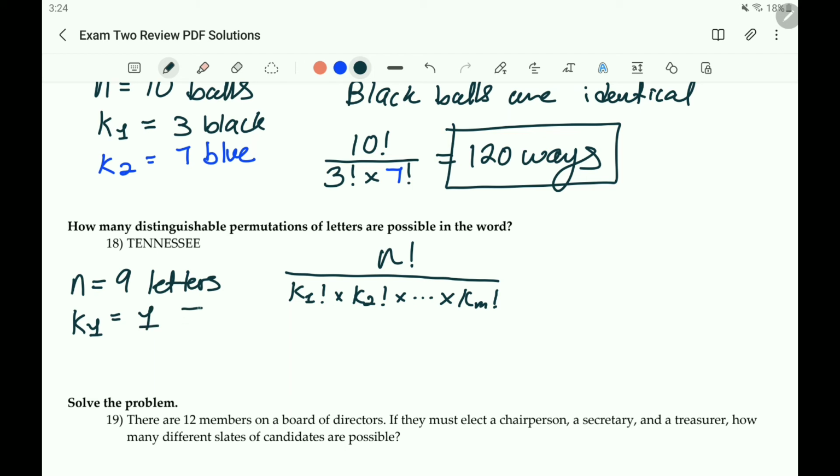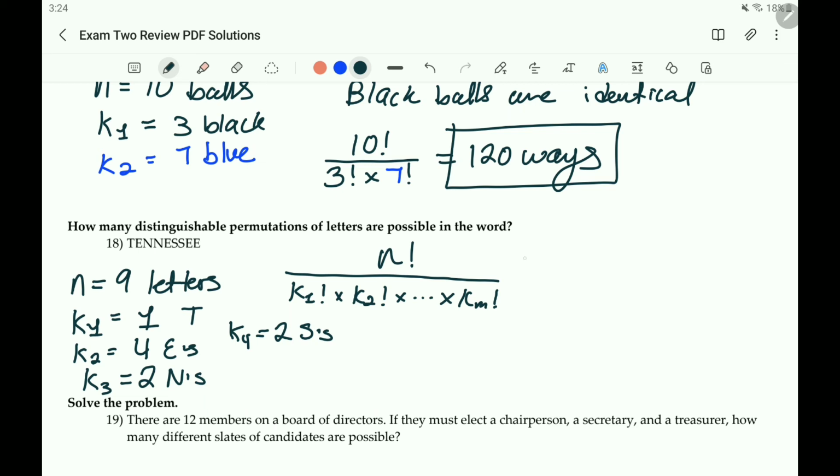There is 1 T. K2 represents how many letter E's are in the word. There are 4 E's. K3 represents the number of N's, and there are 2 N's. K4 represents how many S's are in the word Tennessee, and there are 2 S's.